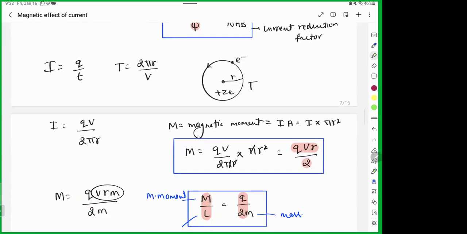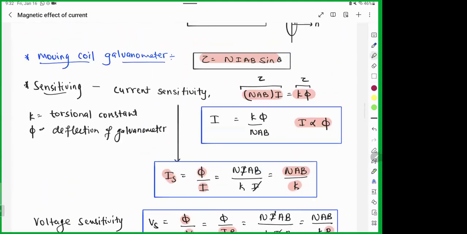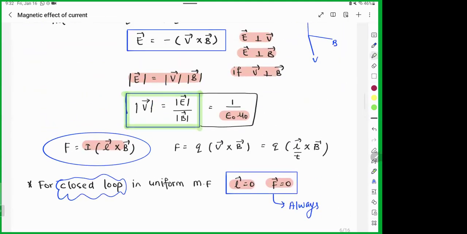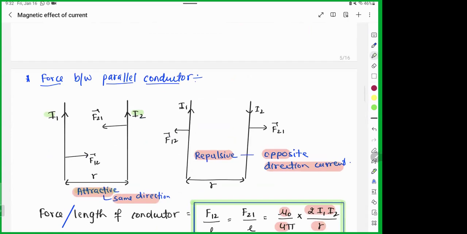Because we have a lot of idea about moving coil galvanometer, it will not take time. So I will finish magnetic effect of current tomorrow, and magnetism and matter, both chapters.